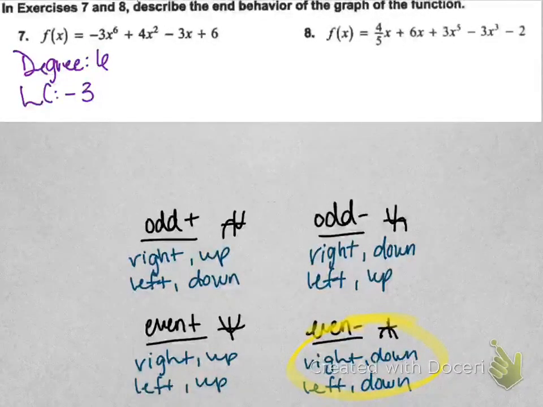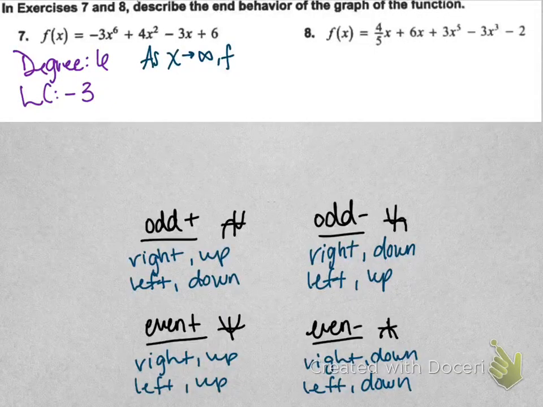All right, so I can get rid of that. And so now my description of this end behavior is going to say, well, as x approaches infinity, that's on the right-hand side, my function is going downwards, or towards negative infinity.